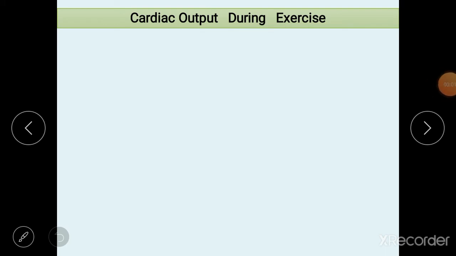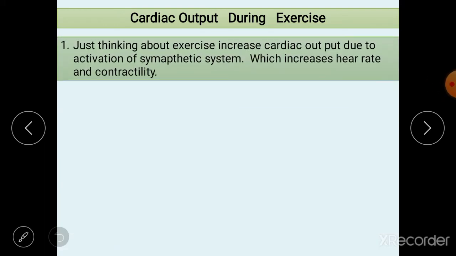So when you begin, even before you begin exercising, when you just think about exercising, what happens is your cardiac output increases. Now how does this happen? You haven't even started exercising, you have just thought about exercising.